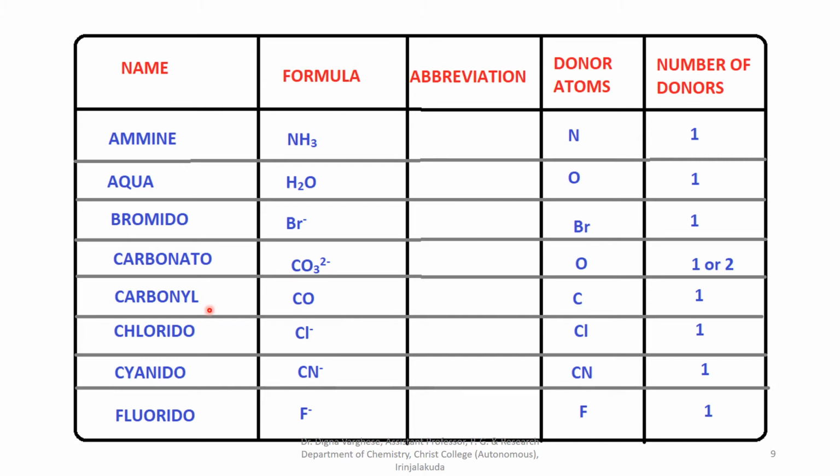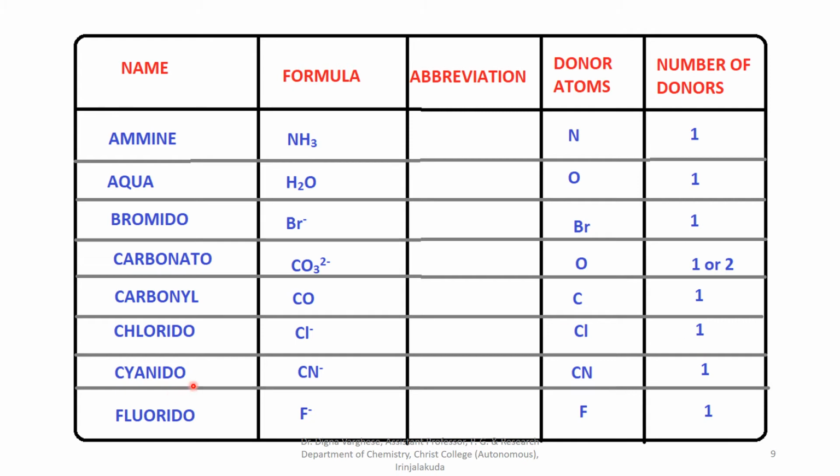Another ligand is carbonyl. CO is its molecular formula. In this particular compound, carbon is the donor atom and number of donor site is 1. Chlorido, Cl minus, chlorine atom is the donor site and one donor site is there.